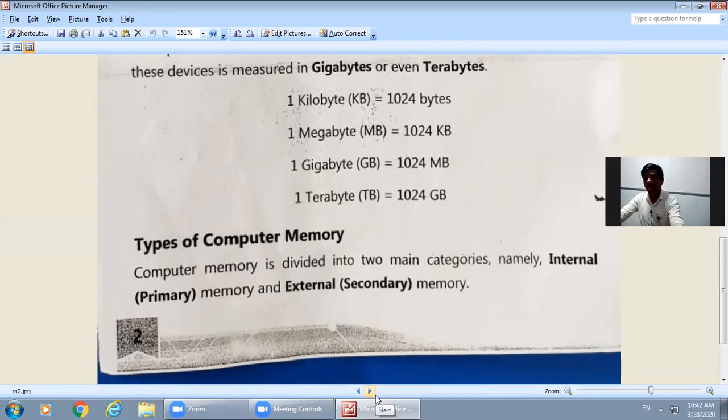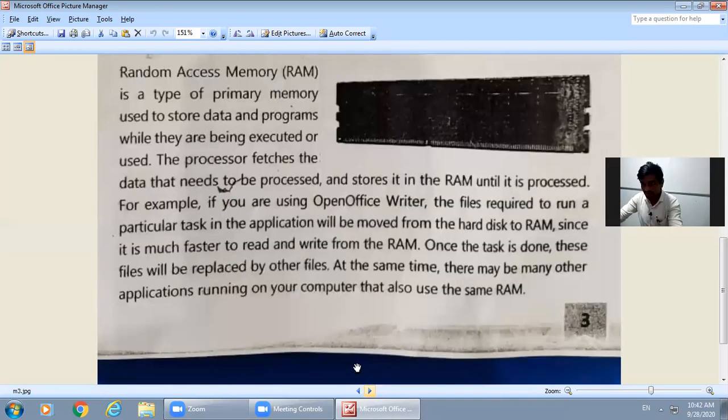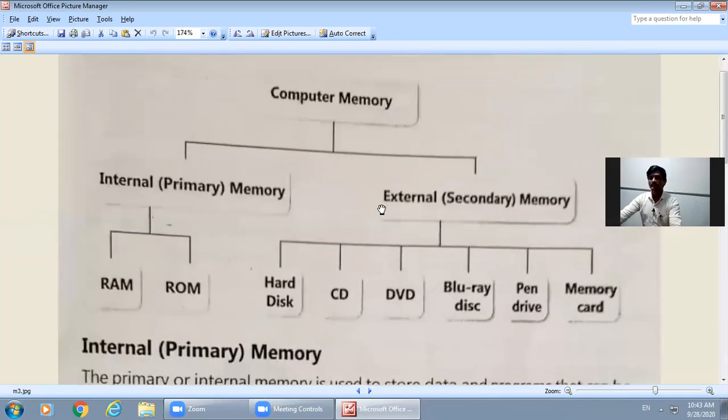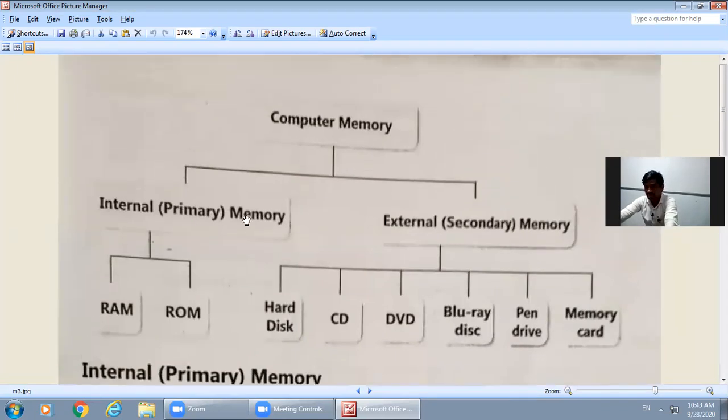In this memory we have to see what is my internal and what is my external. See, this is a tree diagram regarding your computer memory. First, internal memory and external memory. Internal memory we can say primary memory, and external memory means it is a secondary memory.